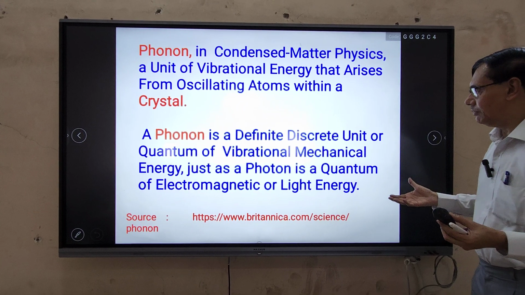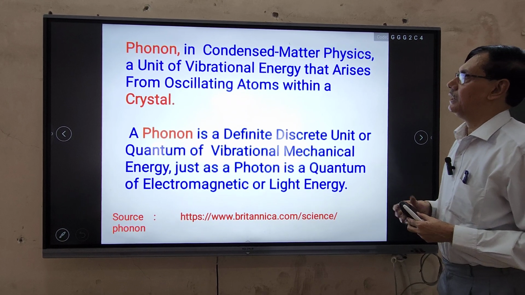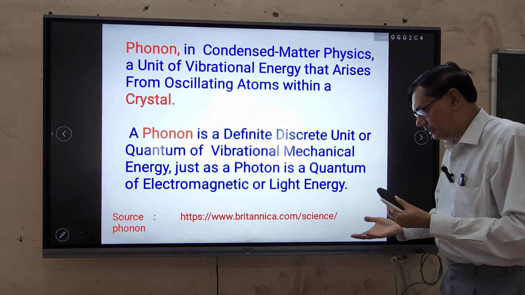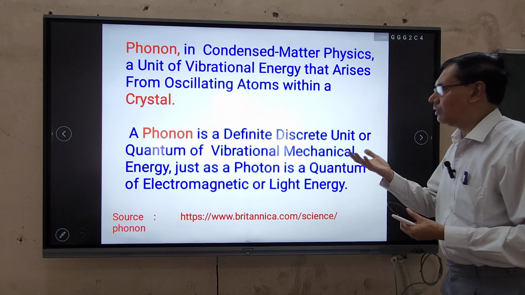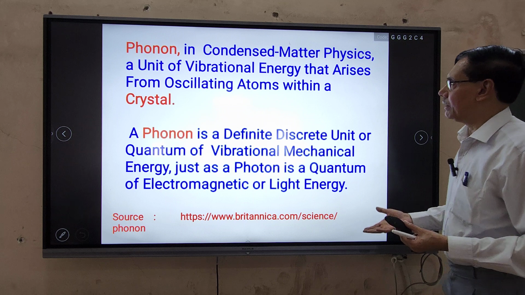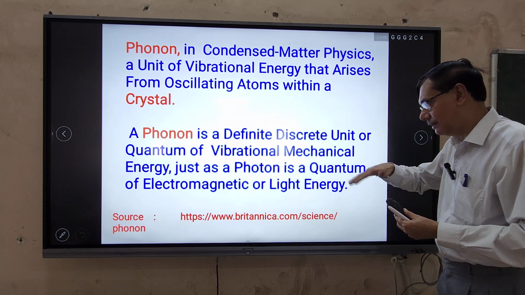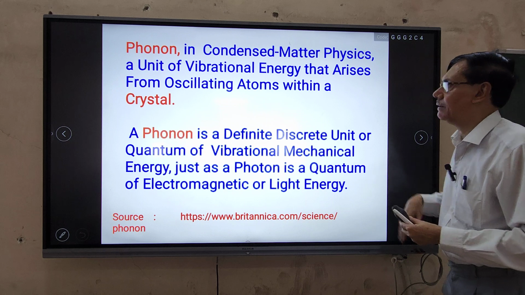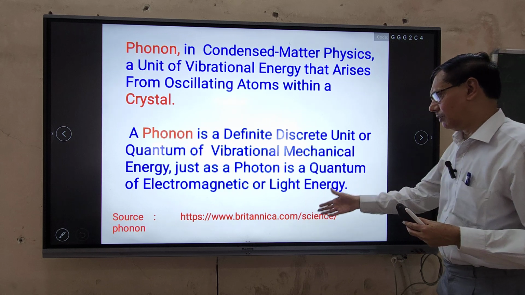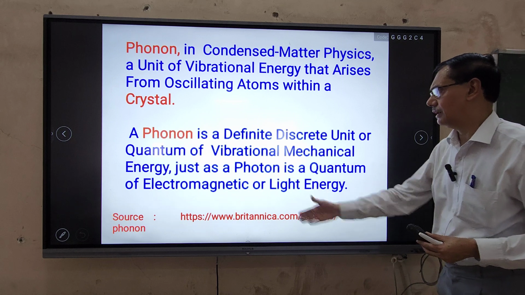If you read any physics book, a phonon in condensed matter physics is a unit of vibrational energy, because there is an electron as well as phonon interaction. It arises from oscillating atoms within a crystal, like sound waves. I am taking this information from Britannica or Wikipedia.